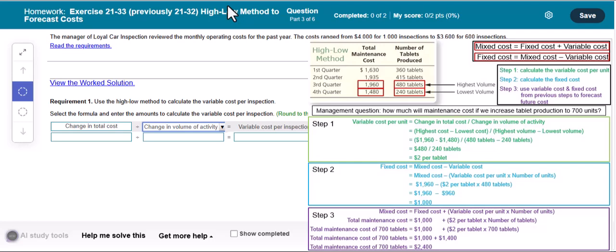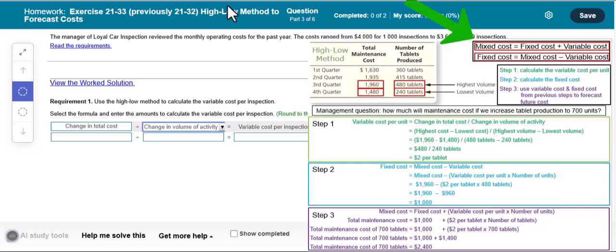These maintenance costs are mixed costs. They involve a fixed cost and a certain variable cost per unit, in this case tablets. The formula is mixed cost equals fixed cost plus variable cost.